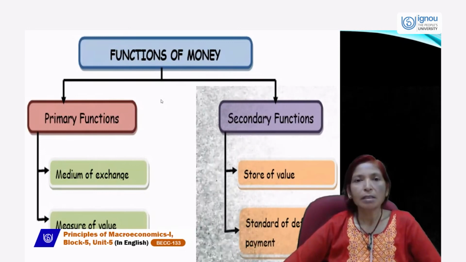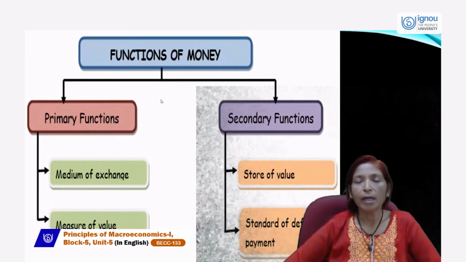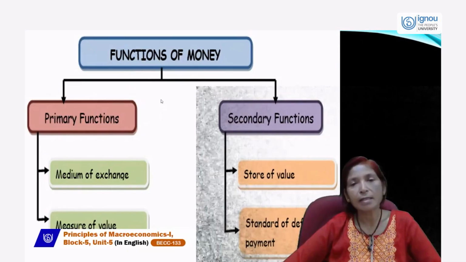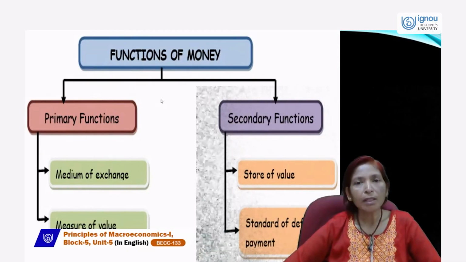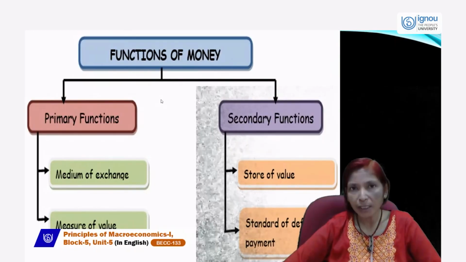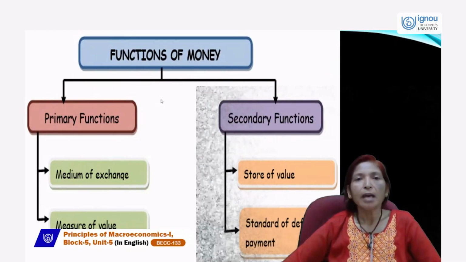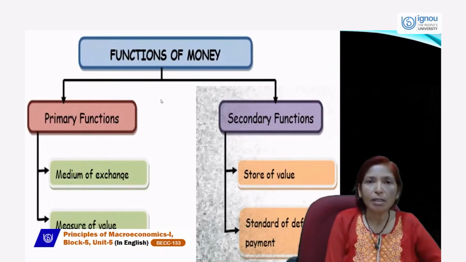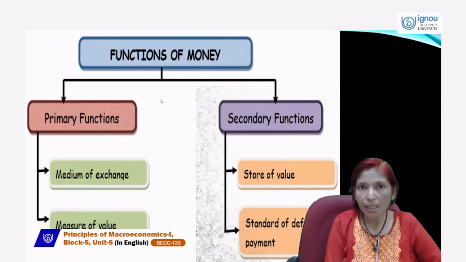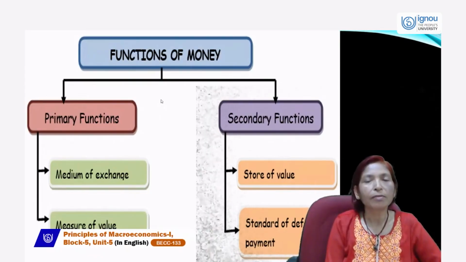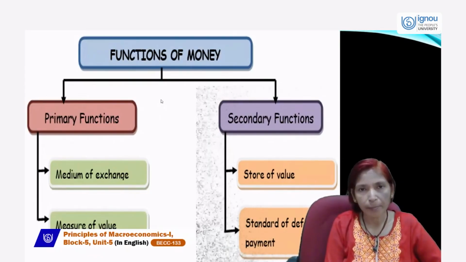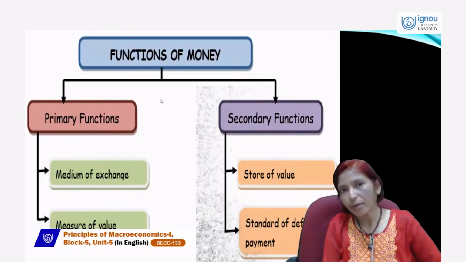In medium of exchange, you know that each and every good and service you can buy and sell with the help of money, and money can easily measure all the goods and services in terms of money. So money has two main primary functions: medium of exchange and measure of value or unit of account. Both are the same. And next is secondary function.